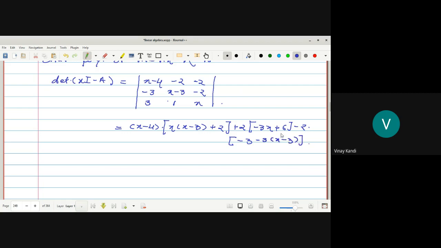It is equal to x minus 4 times x squared minus 3x plus 2, plus 2 as it is, minus 3 into 2 minus 6x plus 12, minus 2 into minus 3, and minus 3 into minus 3x plus 9.